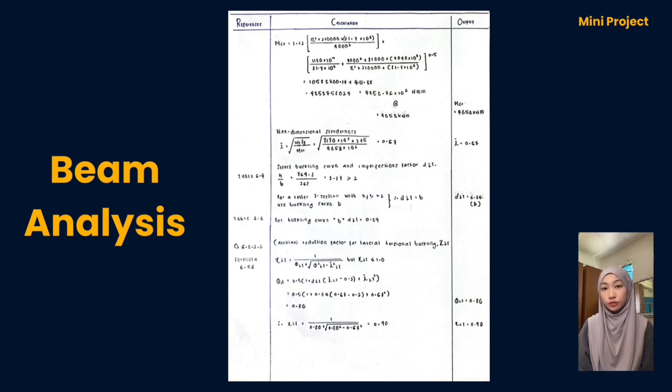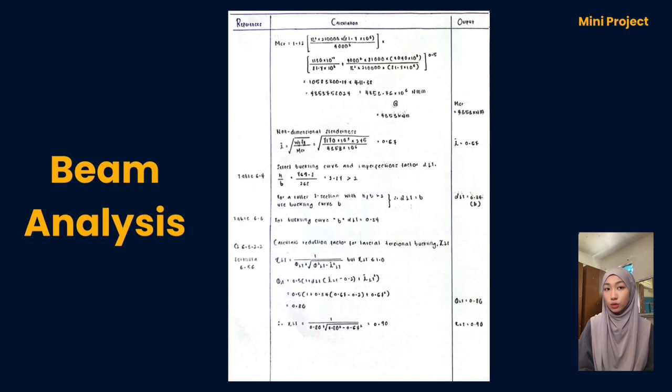Now, using formula 6.56 to calculate the reduction factor for lateral torsional buckling, the answer must be less than or equal to 1.0. So first we need to find the value of phi so that we can use it in finding the reduction factor.